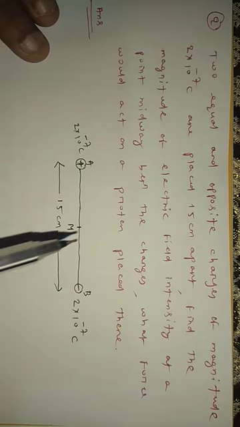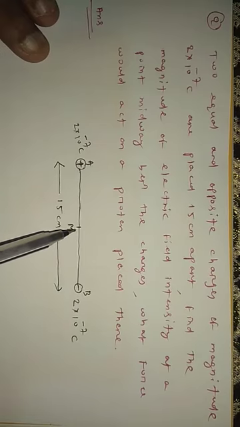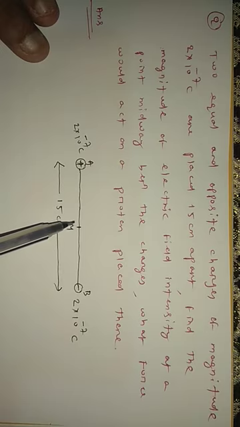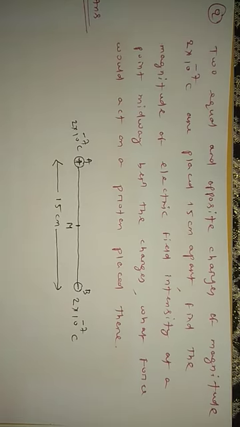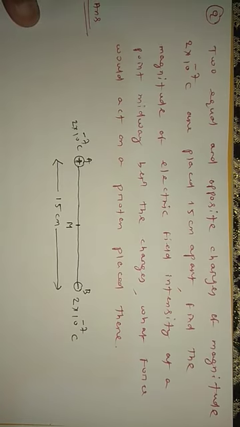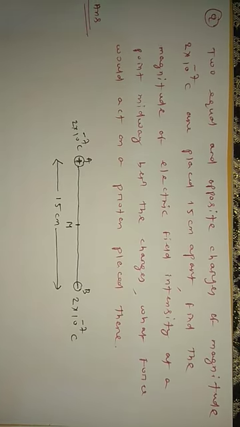So the question asked, calculate the electric field intensity at the center of the charges, midway between these two point charges. We will calculate the electric field intensity at point M. So this is the condition of the problem.